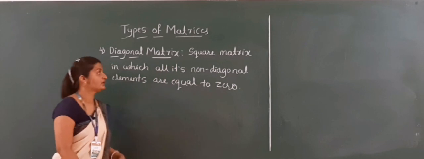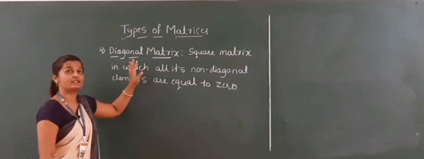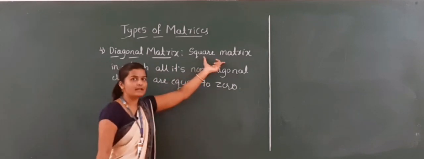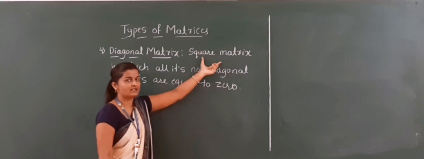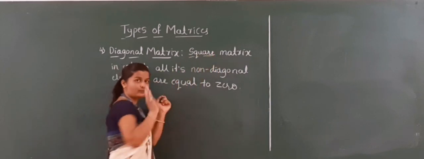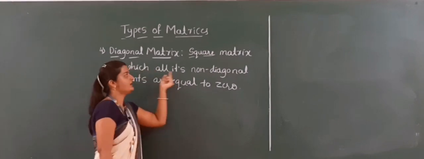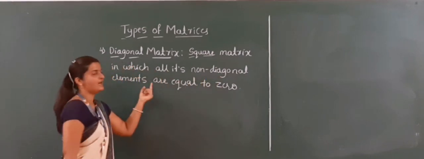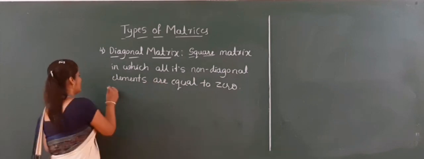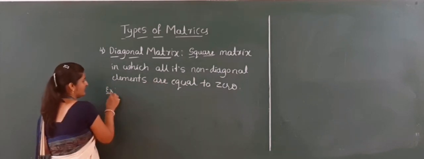So see here, the diagonal matrix definition is, it is a square matrix. Please concentrate. It is a square matrix in which all its non-diagonal elements are equal to 0. Okay? With an example we can explain.